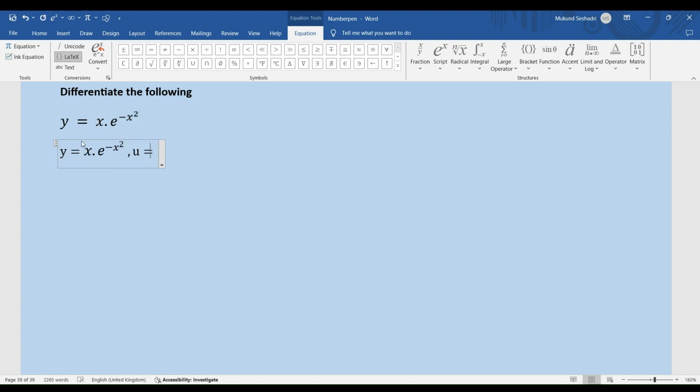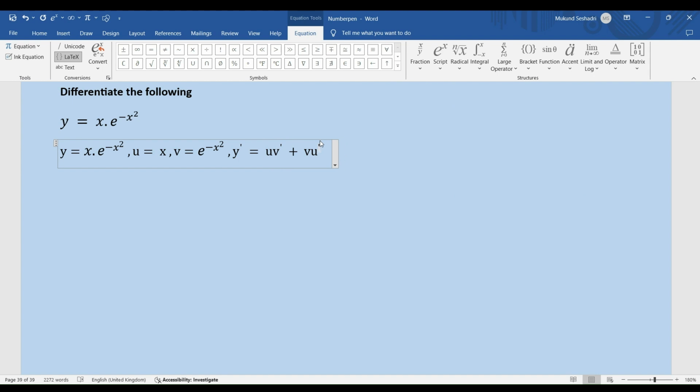And therefore my u equals x, my v equals e to the power minus x square, and what is my f, my f dashed or y dashed I may call it. My y dashed equals uv dashed plus vu dashed, right? So let's write it down. So there I have my y dashed.